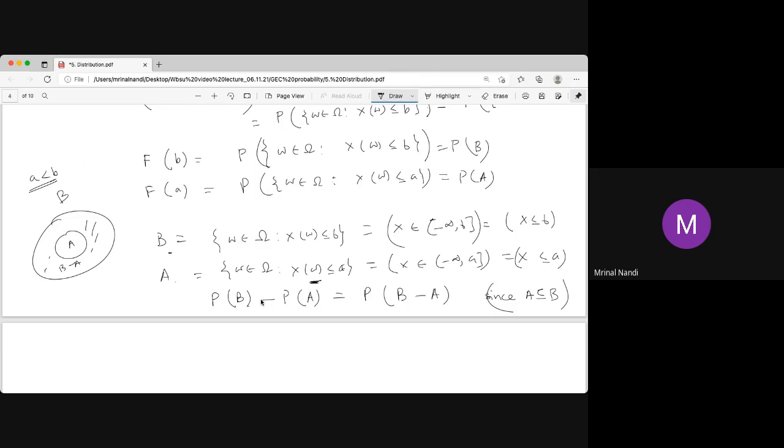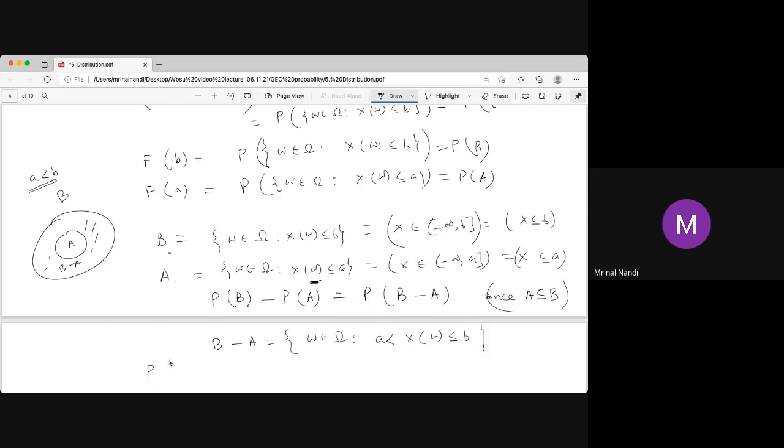Obviously, if it is less than or equal to a, then it is less than or equal to b, so any element of A is an element of B. So it is just B minus A. What is B minus A? It is the set of all omega belonging to Omega which is in B, so X of omega less than or equal to b, but not in A, meaning it is greater than a. That means the probability of B minus A is just the probability of B minus the probability of A.